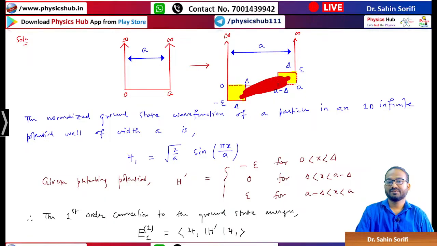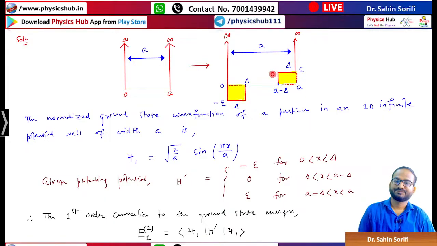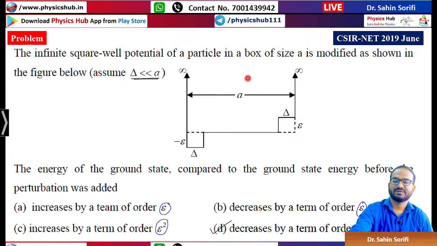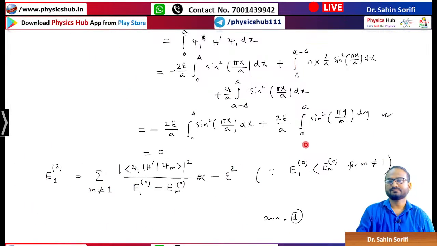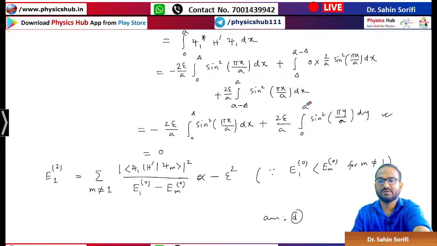So obviously they are bound to vanish. Is it clear, guys? Limits are changed just to make it look like the first one. Oh, sorry, it will be 0 to delta, right? You did not tell me.